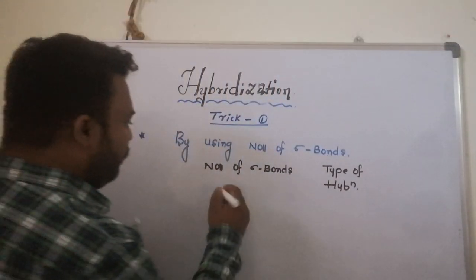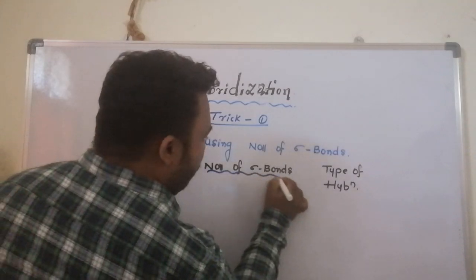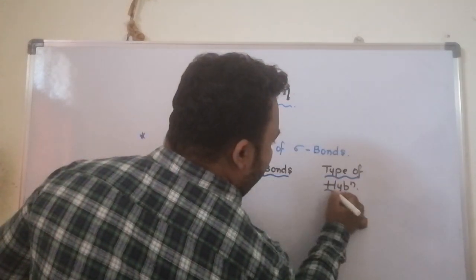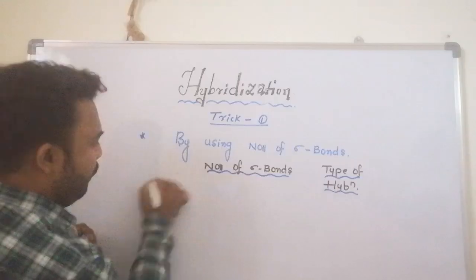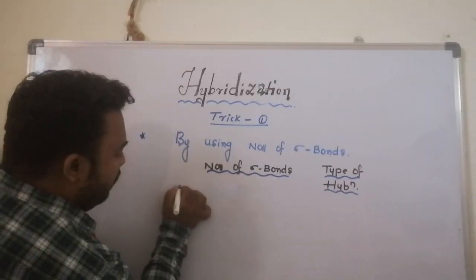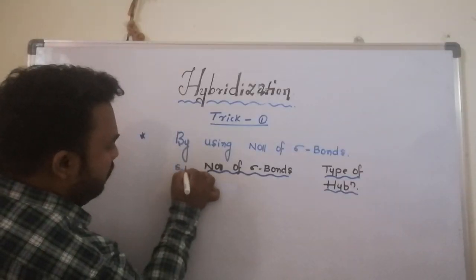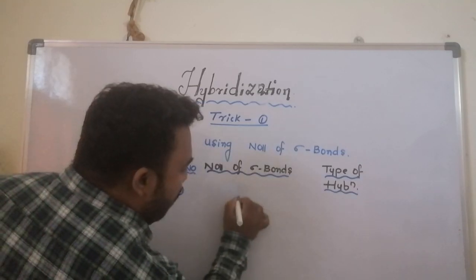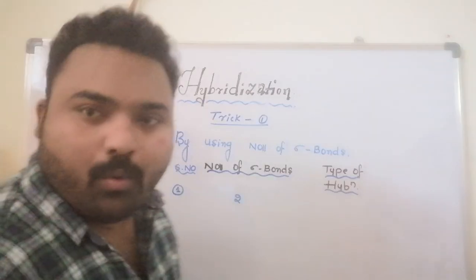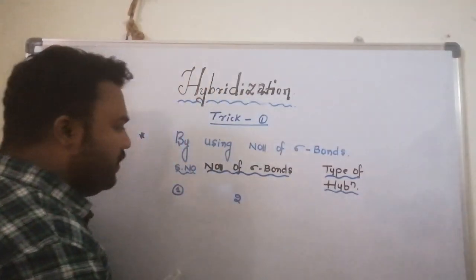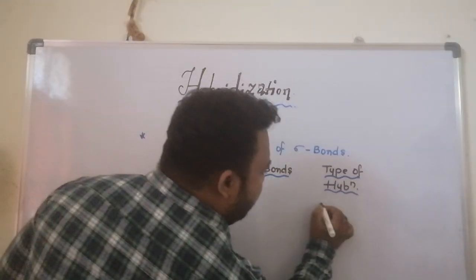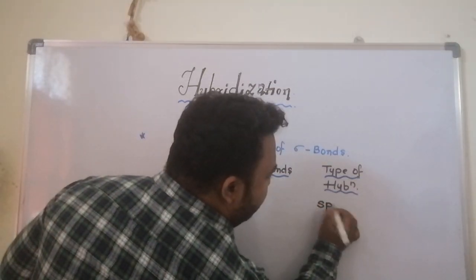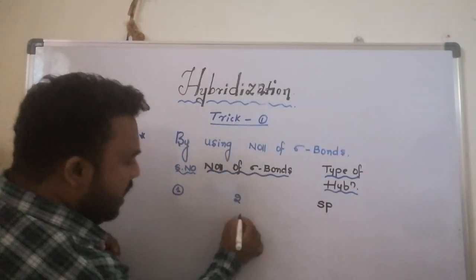See here. If two sigma bonds are formed, then the type of hybridization is nothing but sp hybridization.